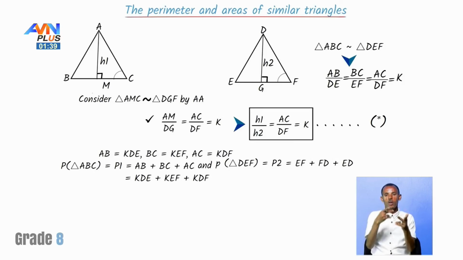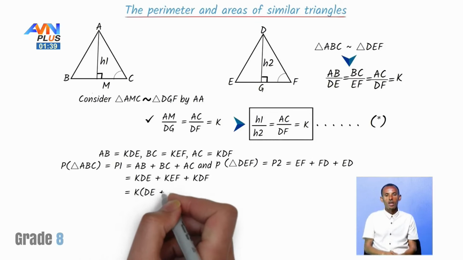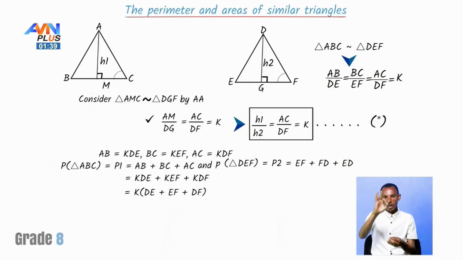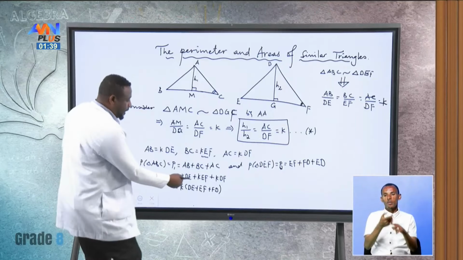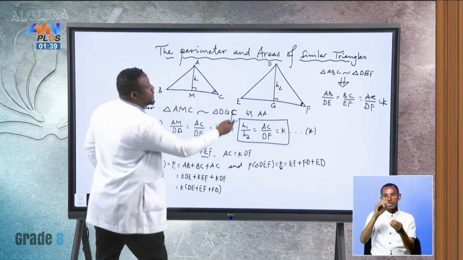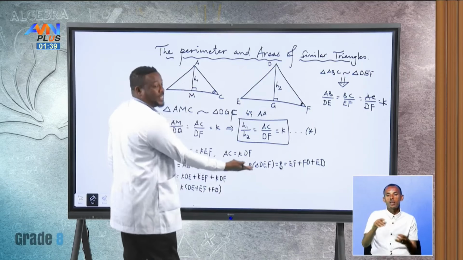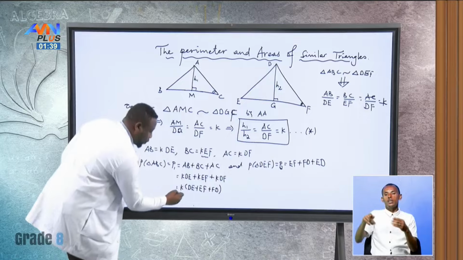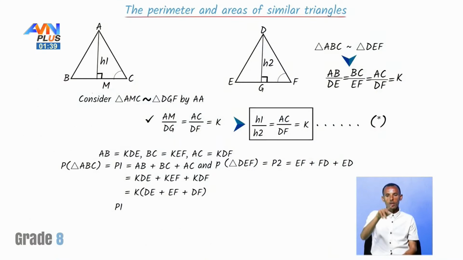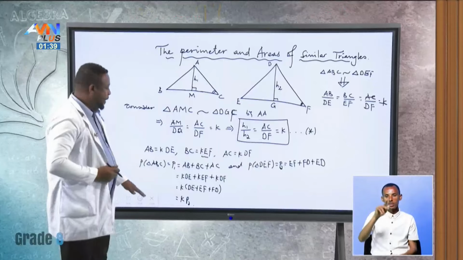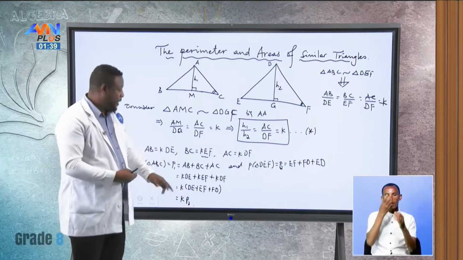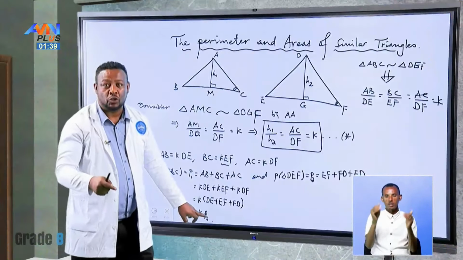Here in all these terms, there is something common, which is K. So this means K times DE plus EF plus FD or DF, right? But DE plus EF plus FD means the perimeter of the second triangle. This is P2, K times P2. Well, now we can see that P1 is K times P2.